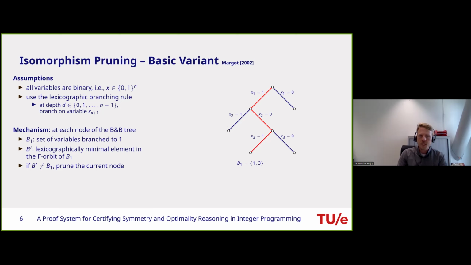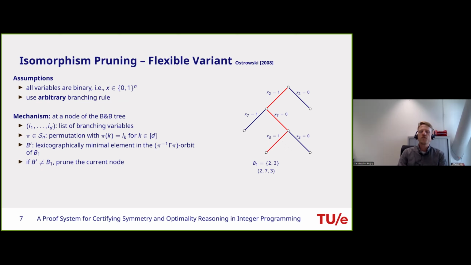This is, of course, a very restrictive setup of branch and bound because I'm severely limited on the branching decisions. I have agreed on the branching decisions before I actually know which problem I want to solve. For this reason, a couple of years later, Jim Ostrowski generalized this idea to arbitrary branching rules, and it comes back to the idea that I've already sketched in the main talk. Namely, we collect the branching decisions again to reach a specific node, and I define the lexicographic order based on the variables that I've seen along the path on which I've branched.